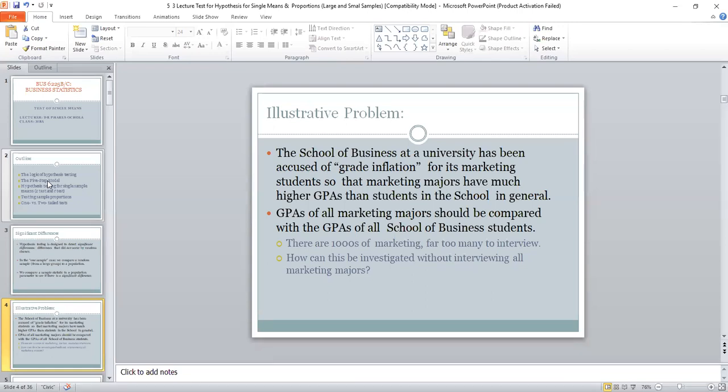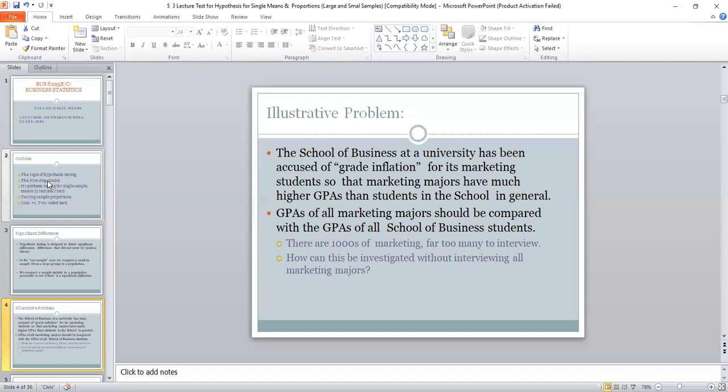Now, there must be many factors here, I can tell you, that may make marketing majors perform better than the other majors. They could just be bright students. The marketing option may be an easier option. Or grade inflation could be one of them.